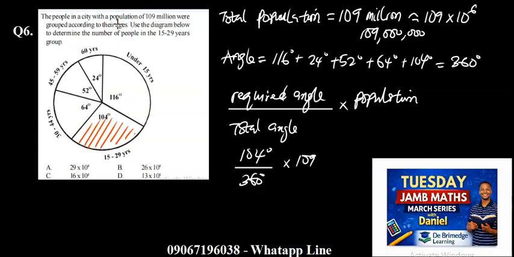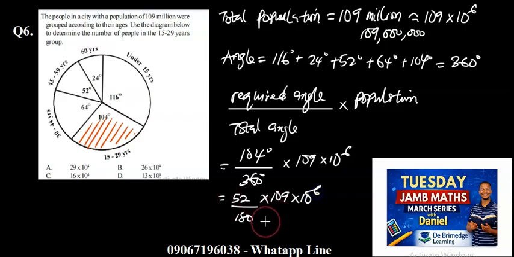Now we need to reduce this. Reducing it, we get 52 over 180, times 109 times 10 to the power 6.